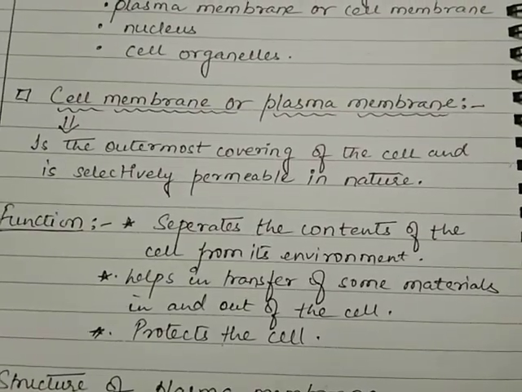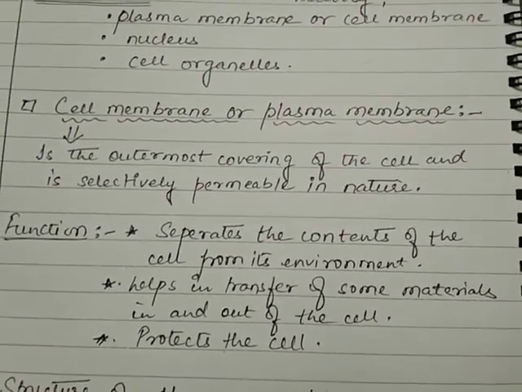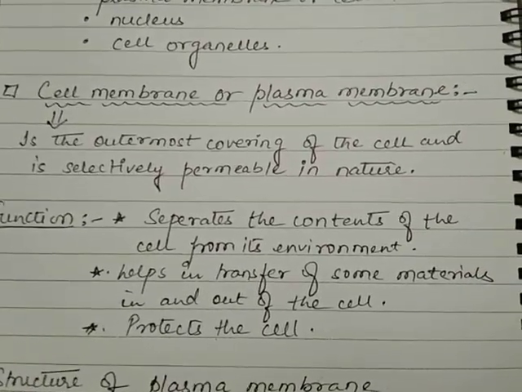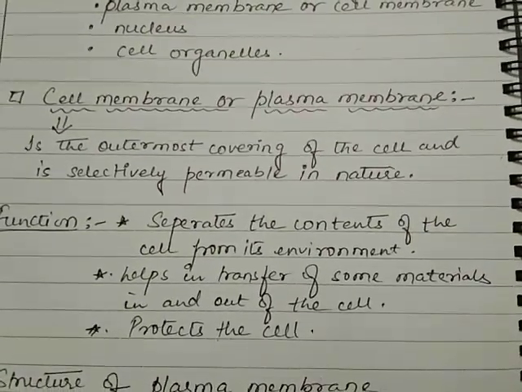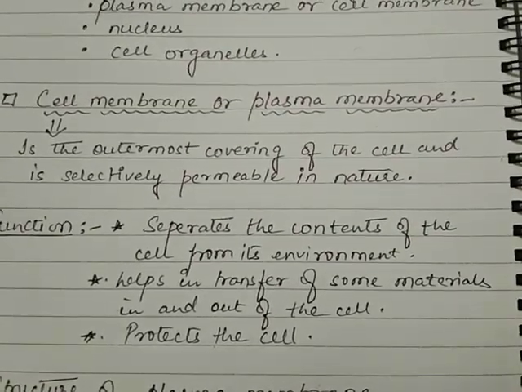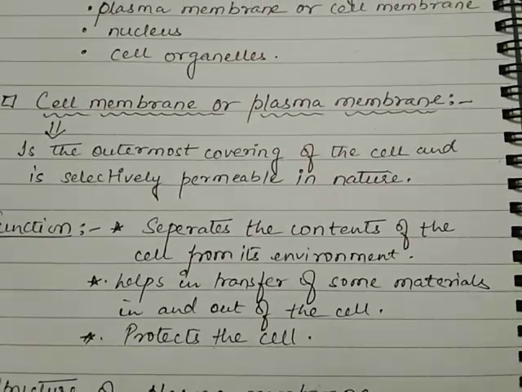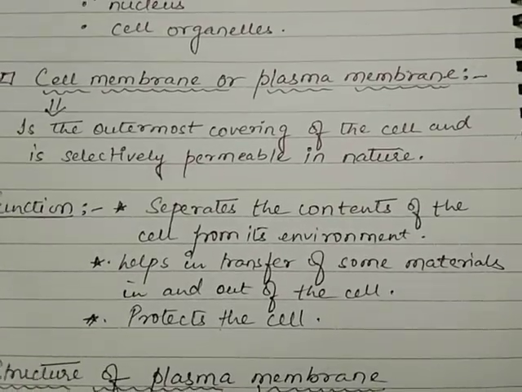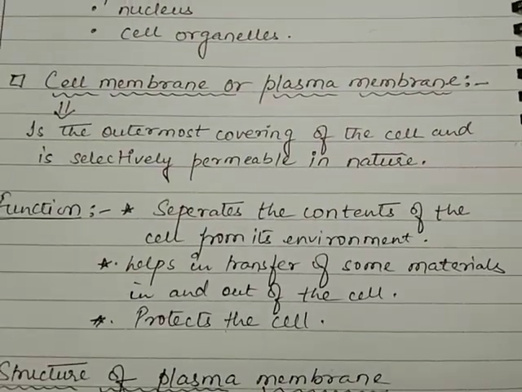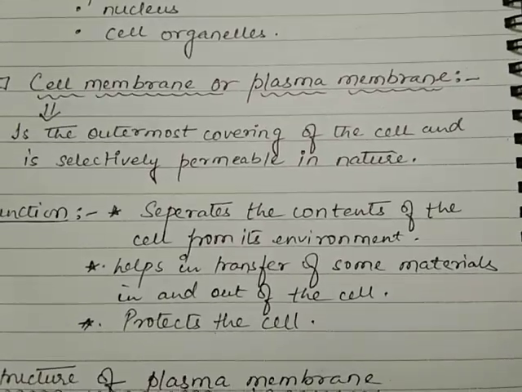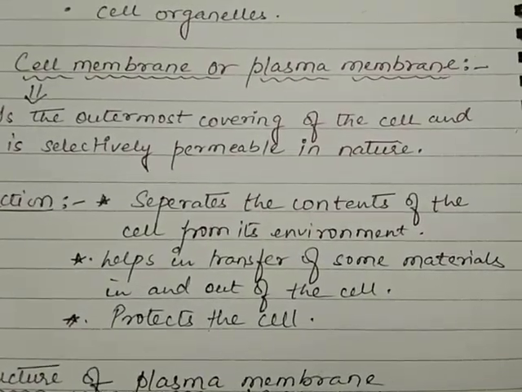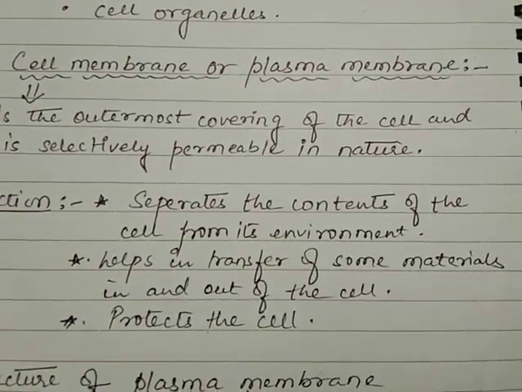So it is quite evident that when it is transferring the materials, it will transfer only some materials which can go through it. It will not allow all the materials to go out of the cell or come inside the cell. So when it is doing the function of transferring the materials, it is selectively permeable. That is, it selects the material and allows them to pass through them.